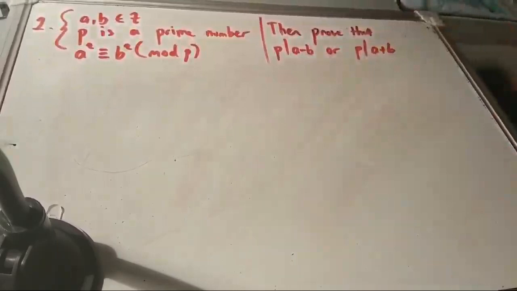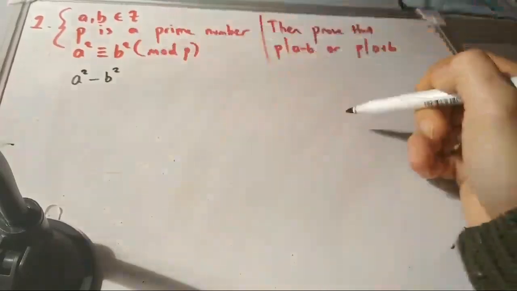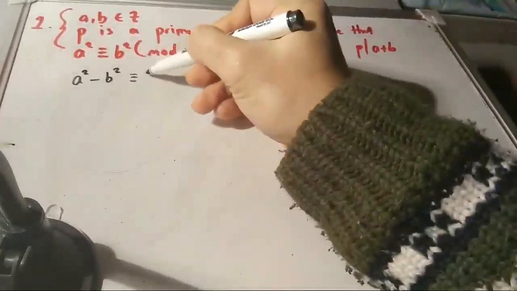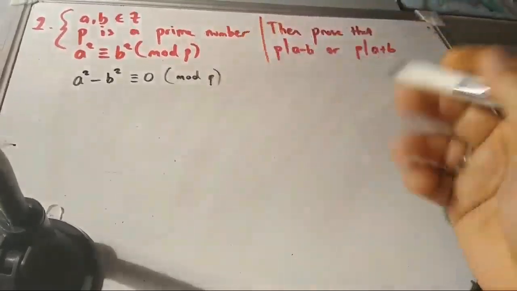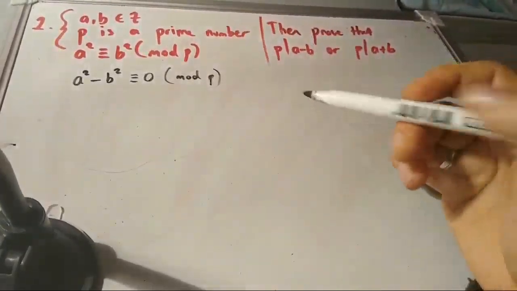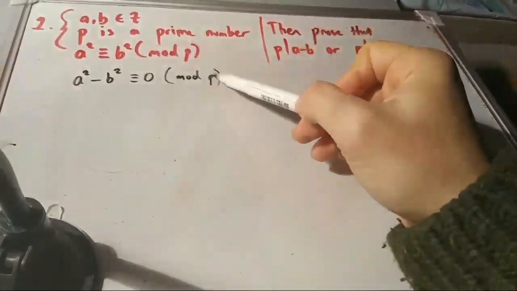Okay. It seems a bit complicated, but we'll make it easier. All you need to do is take b squared to the other side. When we do that, we get a squared minus b squared is congruent to 0 in mod p. It means that a squared minus b squared is divisible by p, because the remainder is 0.